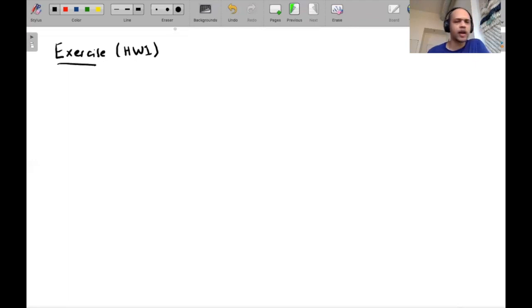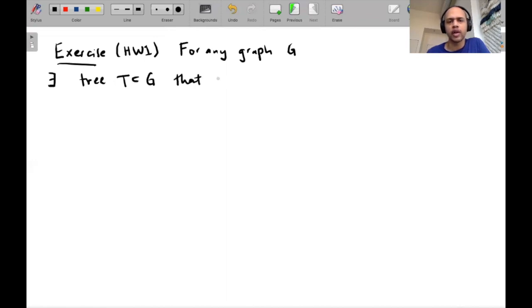And that's that, for any graph G, there exists a tree T in G that contains every vertex of G.